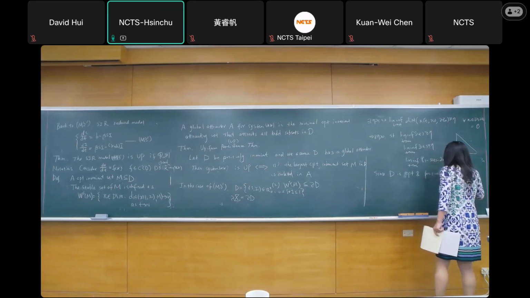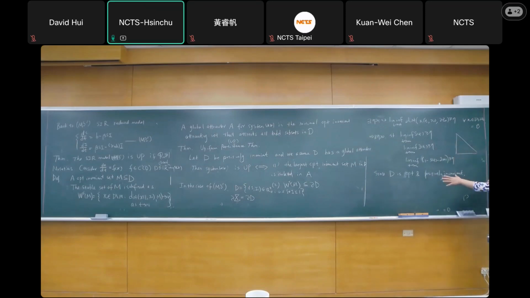So what do we know? A global attractor must be located inside. Because the whole thing is already a non-empty compact positively invariant set that can attract any bounded subset, but that's too big. We're looking for the smallest.